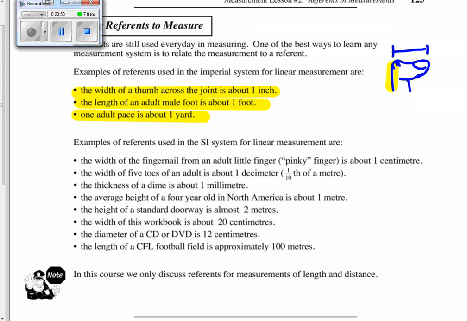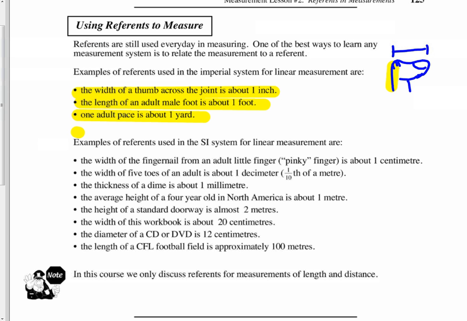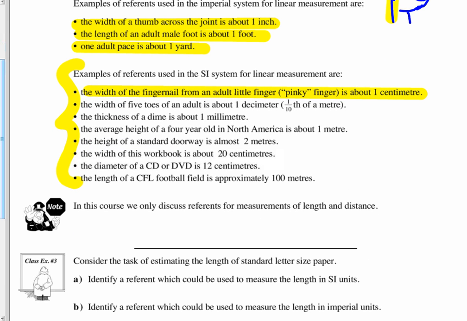These references you should probably know. The width of a fingernail is a centimeter. The width of 5 toes of an adult is about a decimeter.